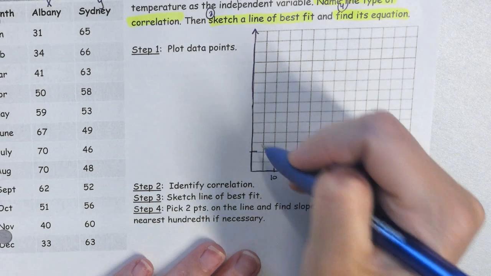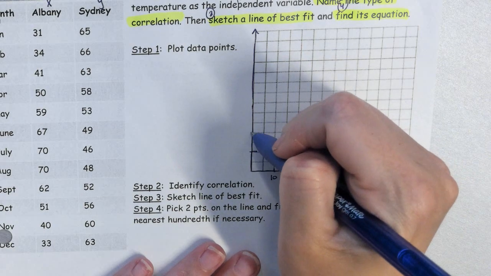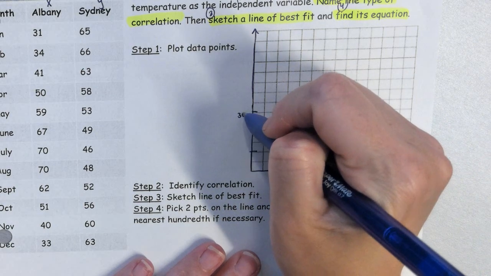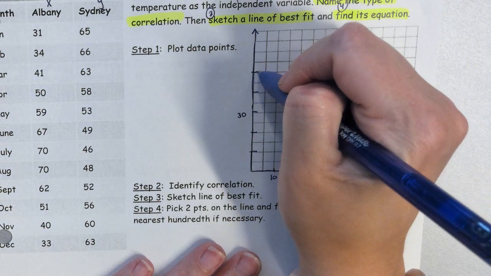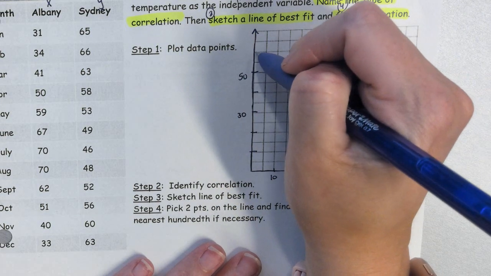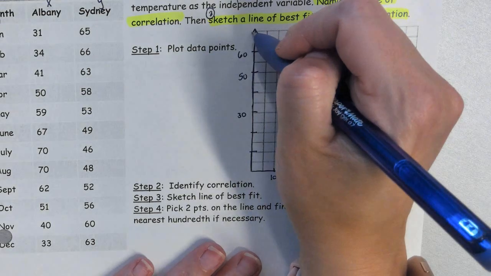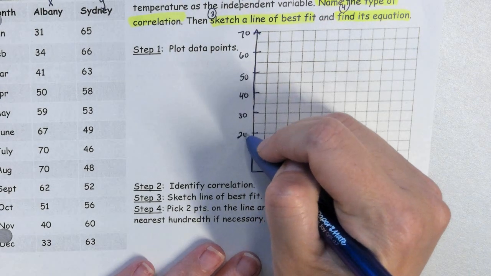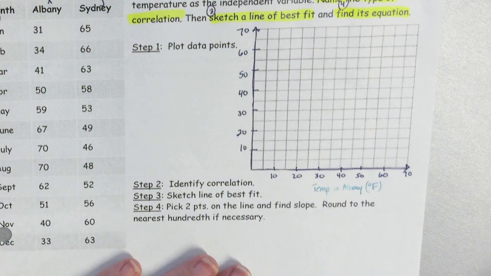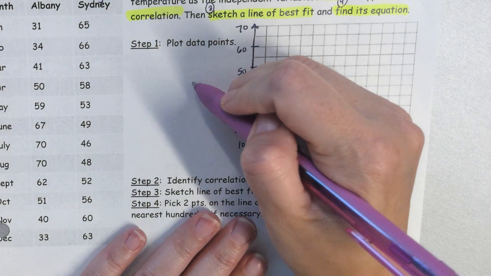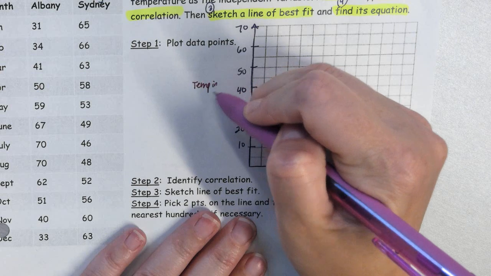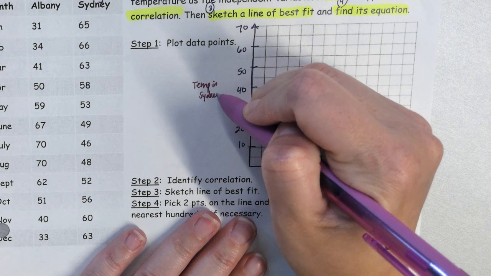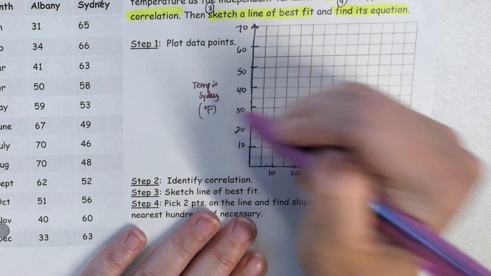So maybe I'll do the same thing. 10, 20, 30, 40, 50, 60, 70. Okay, and that's going to be the temp in Sydney in degrees Fahrenheit.